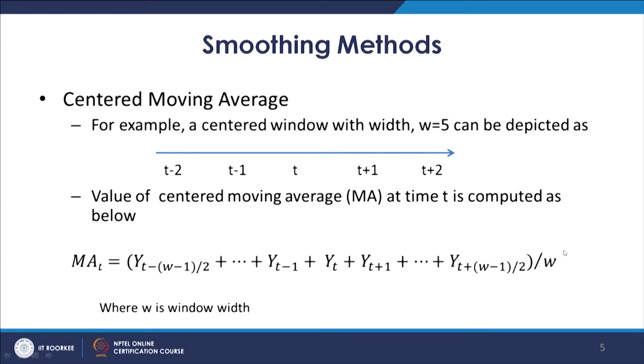All this is divided by the window size w. So we are simply computing the average of a number of consecutive values. We decide on w, we take those consecutive values and take the average of it, and that average is used as the moving average value. Here w is the window width.